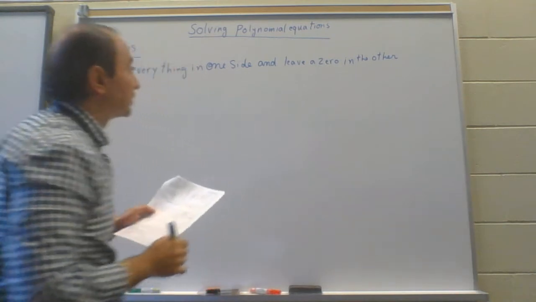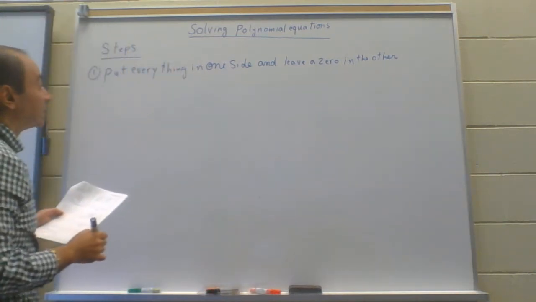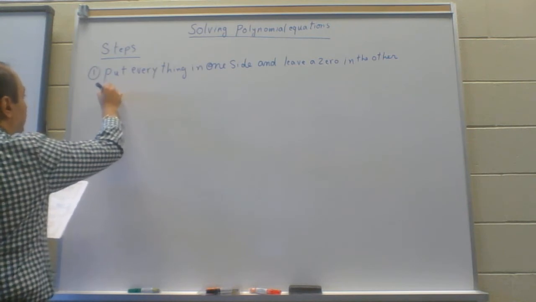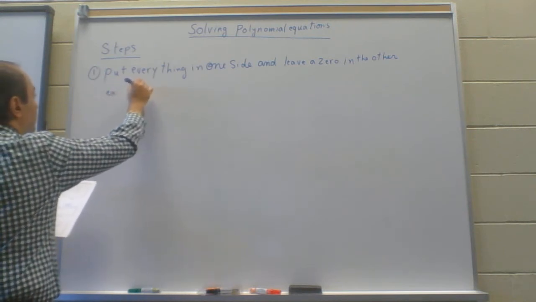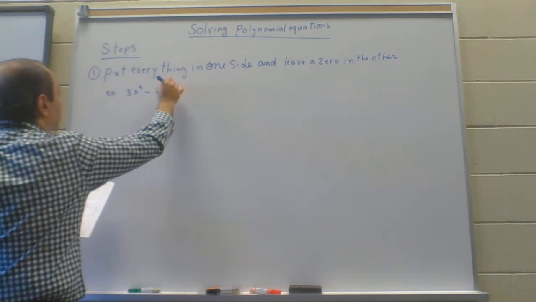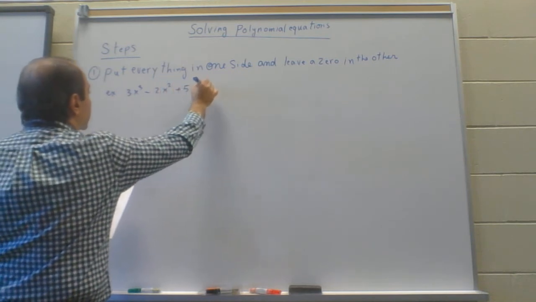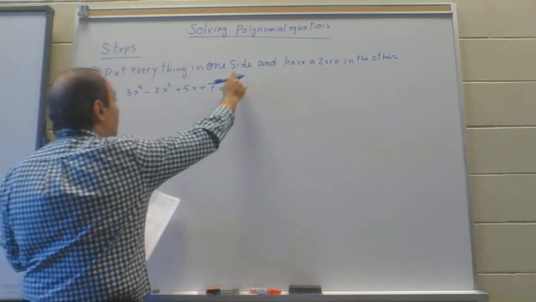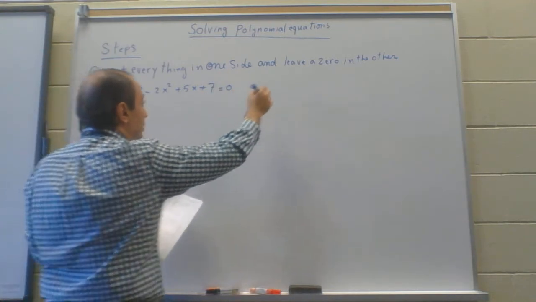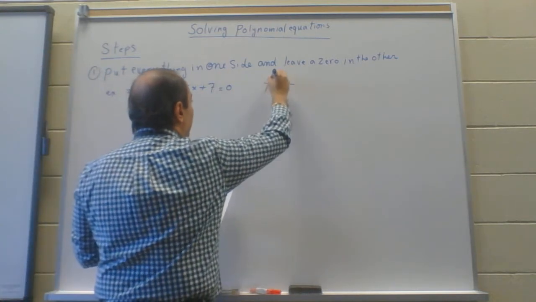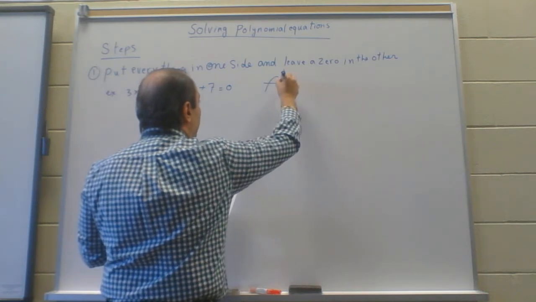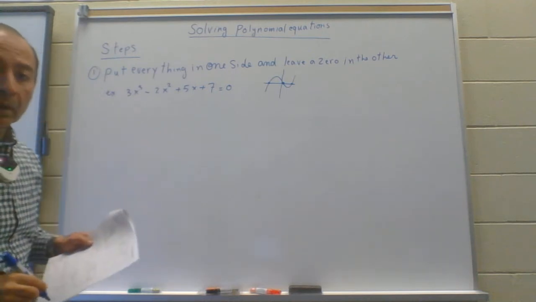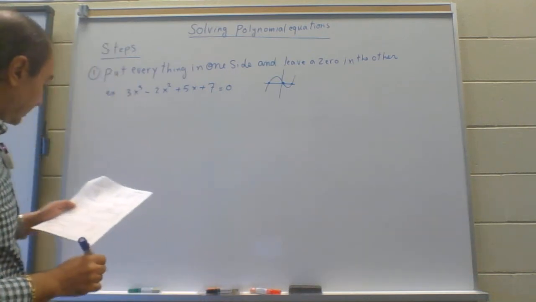So we must have the polynomial written as anything, like for example 3x cubed minus 2x squared plus 5x plus 7 equals 0. I cannot solve when I have anything in the other side other than 0, because again we are finding x when y is 0. We must have a 0 in one side. Okay, this is the first thing.